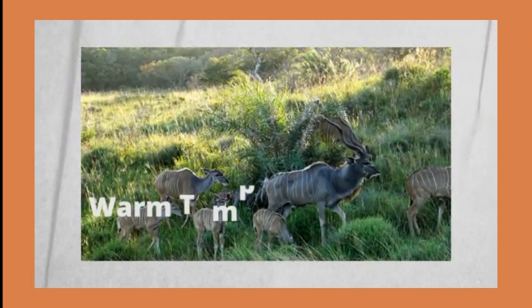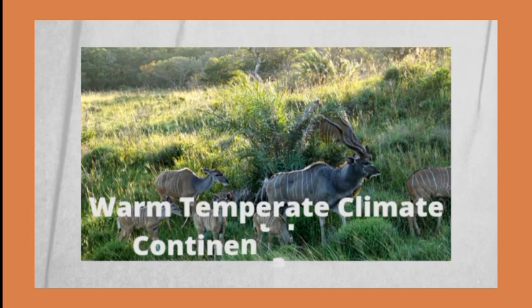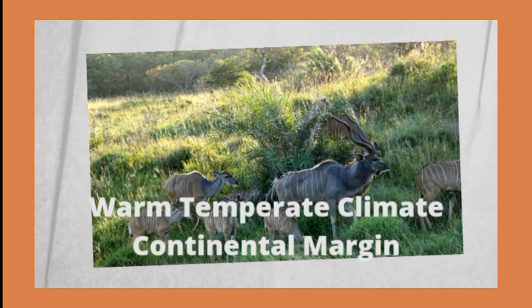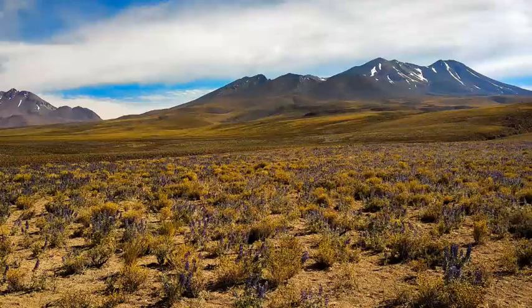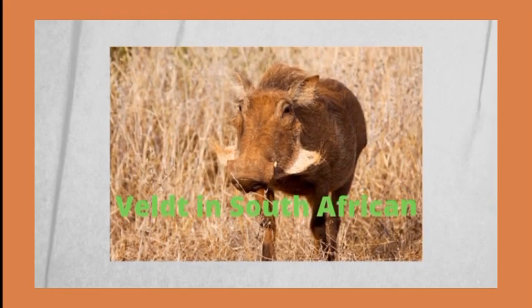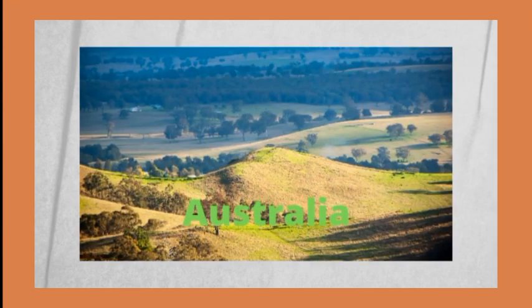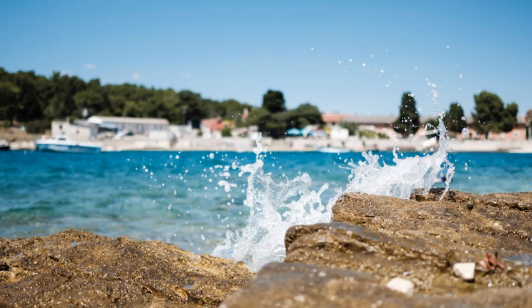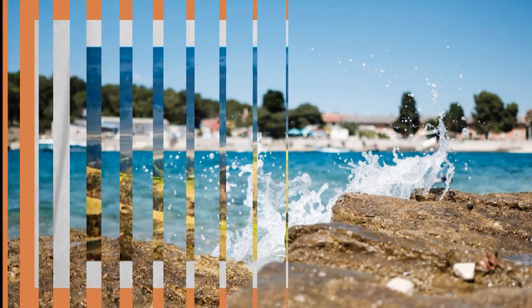Then we move on to the second subvariant, which is the warm continental climate type. The warm temperate continental climate type is found in the interior of the areas of the mid-latitude, especially in South Africa. They also have the basins of Australia and other areas like northern Mexico.